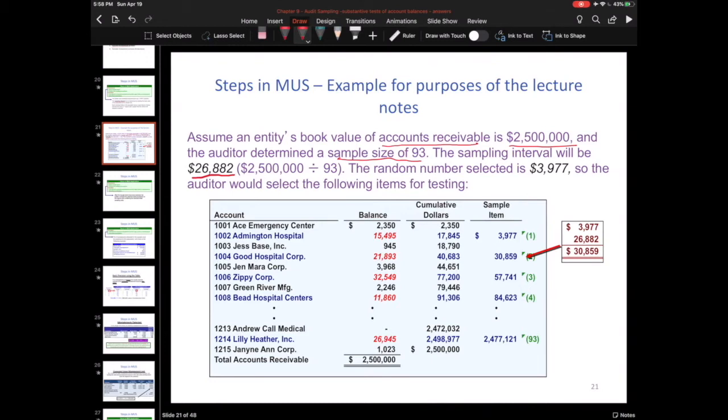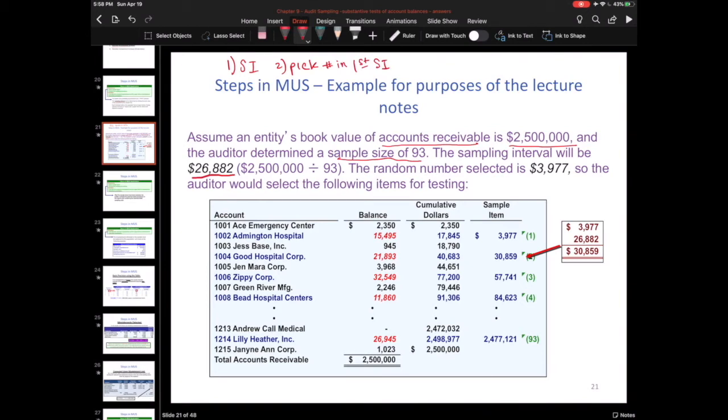And remember the second step: after you calculate your sampling interval, as we learned in systematic selection, you randomly pick a number in the first sampling interval to be your first sample item.